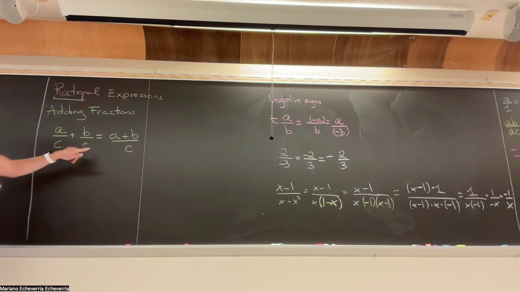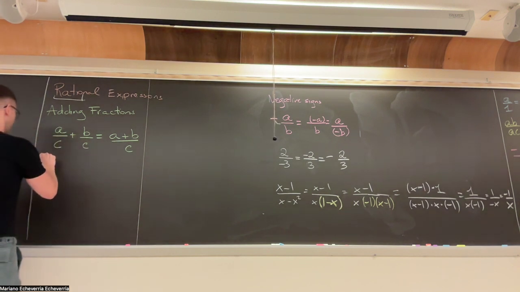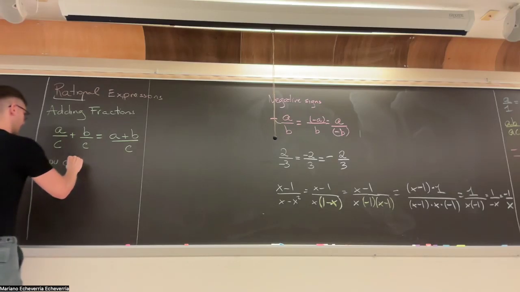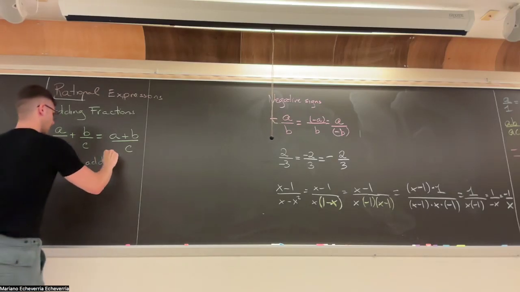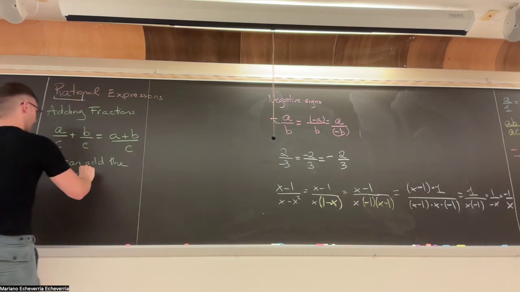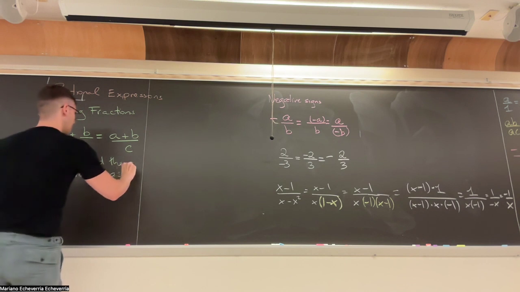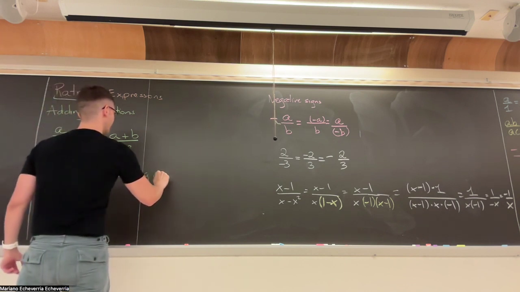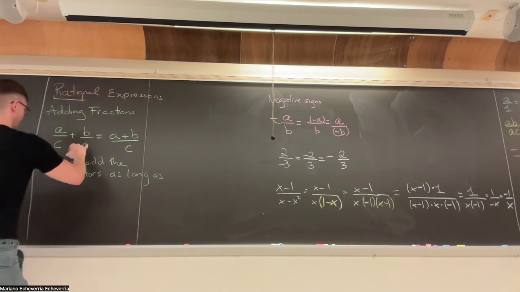So it's useful to write this in words. What I'm saying here is you can add the numerators provided both fractions have the same denominator. So you can add the numerators as long as the denominators are the same, and that's actually pretty important.